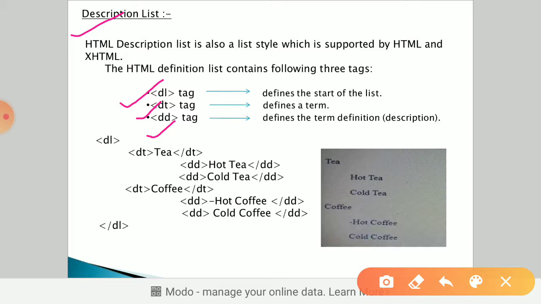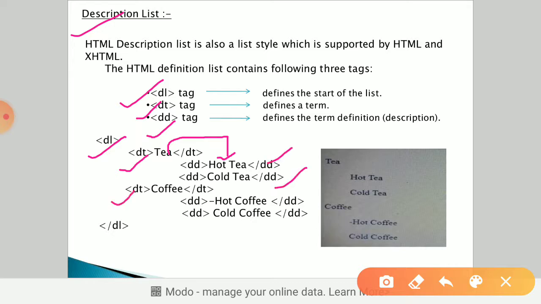Here you can see the example. DL means description list. Okay. DT, description term, and I write teas are of two types: hot tea and cold tea.